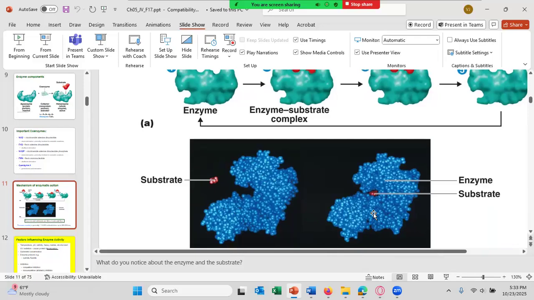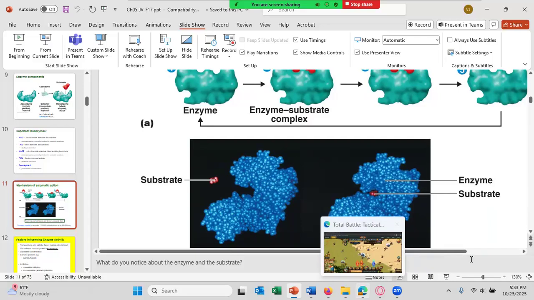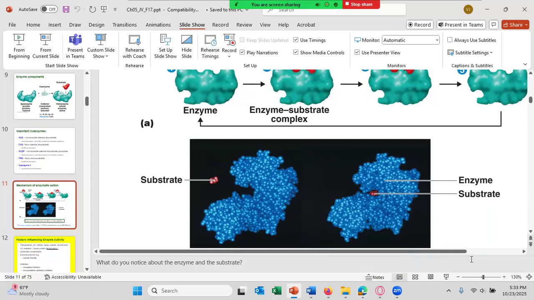What's another thing that's very obvious? It has to do with the size of the molecules. What size is the substrate? What size is the enzyme? The enzyme is bigger than the substrate. It's much bigger than the substrate.